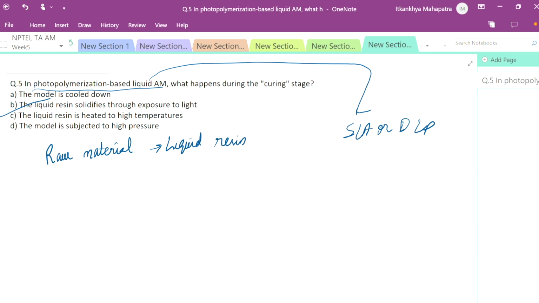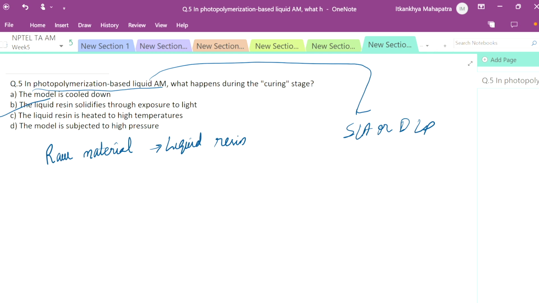Now, this resin contains special photoactive molecules that react when exposed to a specific wavelength of light. Let's say this light is UV light. Now, when the liquid resin is exposed to the appropriate light source, the photoactive molecules within the resin undergo a chemical reaction leading to cross-linking and polymerization.